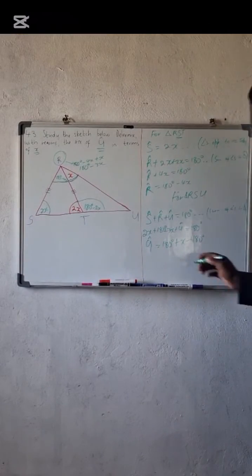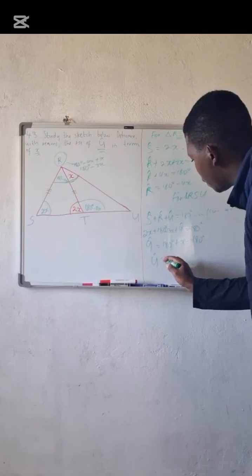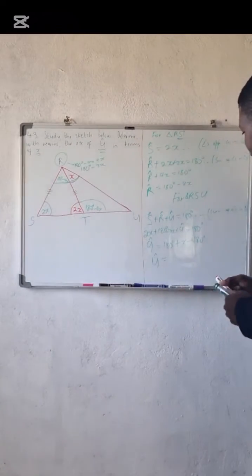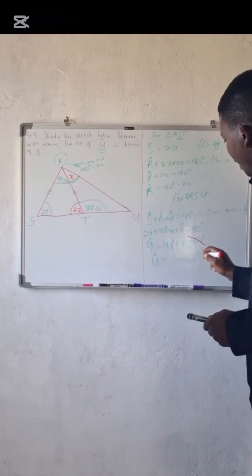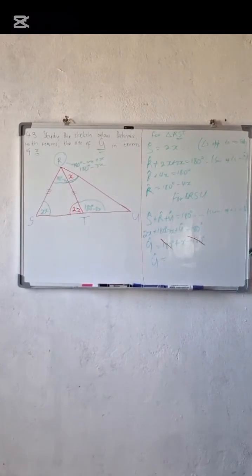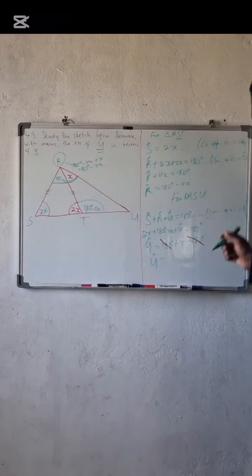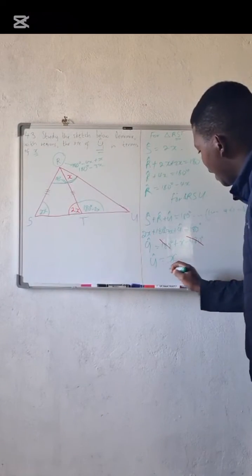We're just simplifying now. So U is equal to, can you see now that again, like it happened before, 180 will cancel 180 because it's 180 minus 180, that is zero. So our answer is x.